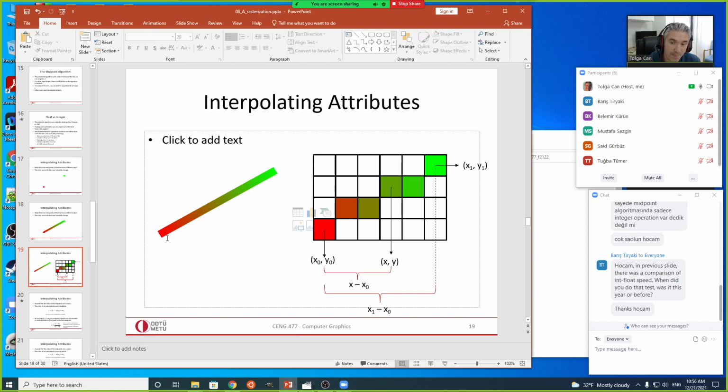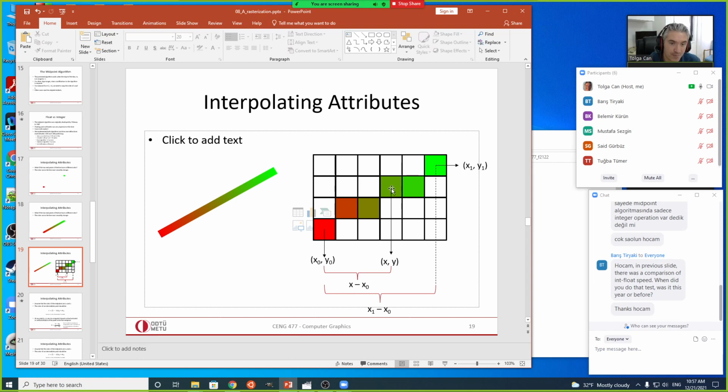We're going to do some interpolation which will not be using the exact distance from these endpoints. We will be using the fact that our line is in the slope between 0 and 1. And when the line is between 0 and 1, its x-coordinate increases faster. So let's then just use the x-coordinate difference.